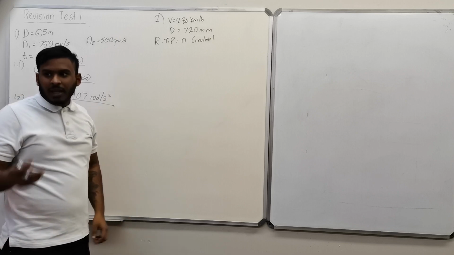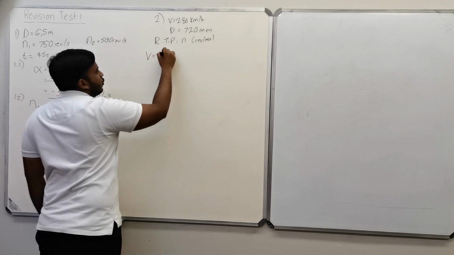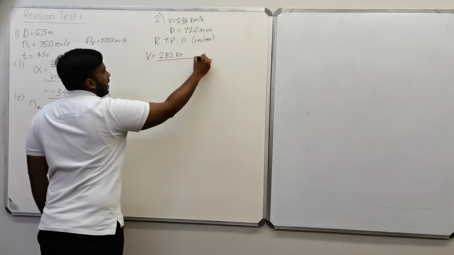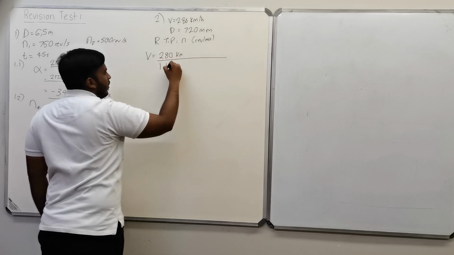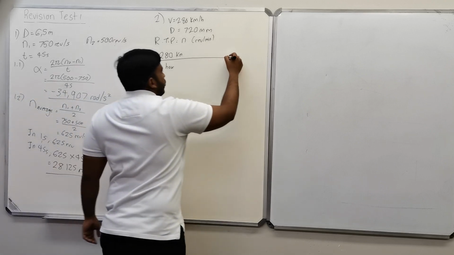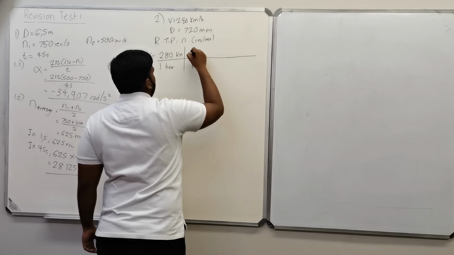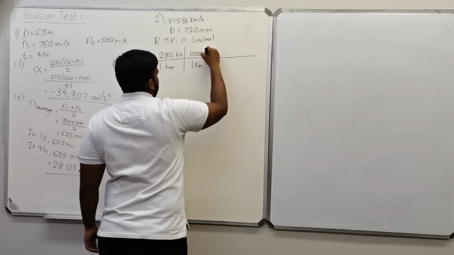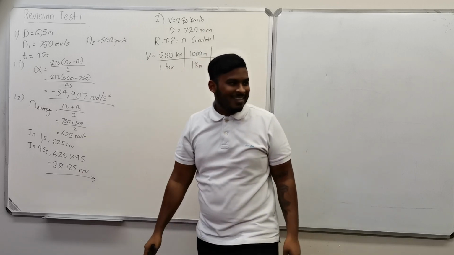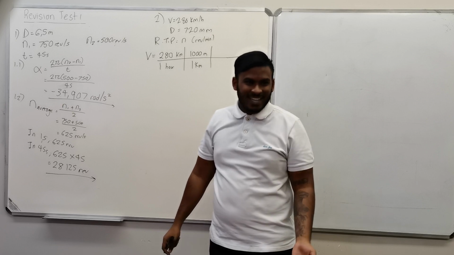At the end, you can just give it in minutes. That's what I did, I converted everything. So you say velocity is equal to 280 kilometers per 1 hour. Okay, so 1 kilometer is equal to 1,000 meters. And 1 hour is equal to how many seconds? 3,600 seconds.